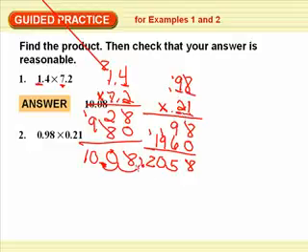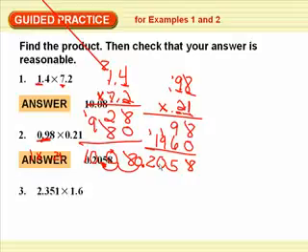So 0.2058. Checking, this is around $1 times, I don't need to round that one, 21 is about 21 cents, and 20 cents works out. 0.2058, so it works.